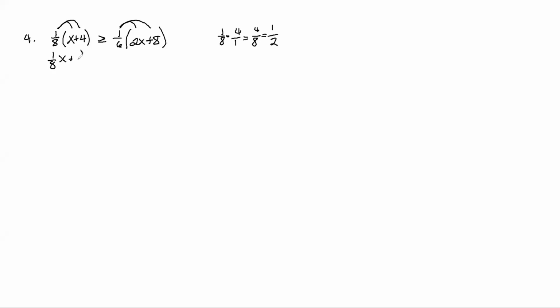So I'll go a little bit faster through the fraction multiplication and addition now. Greater than or equal to 1/6 times 2x. 1/6 times 2 over 1 is 2 over 6, which is 1/3. So we have 1/3 x plus 1/6 times 8.